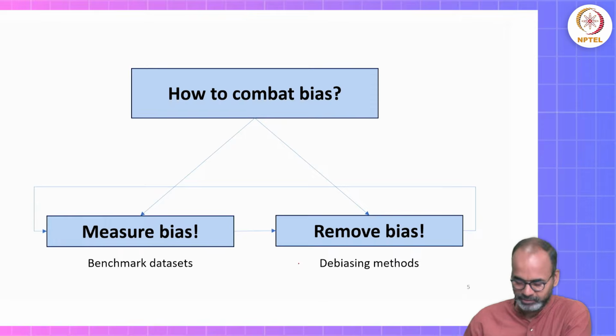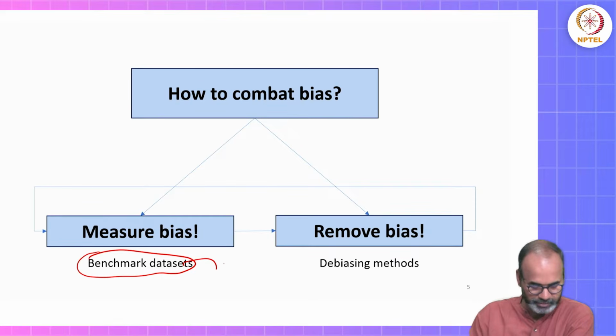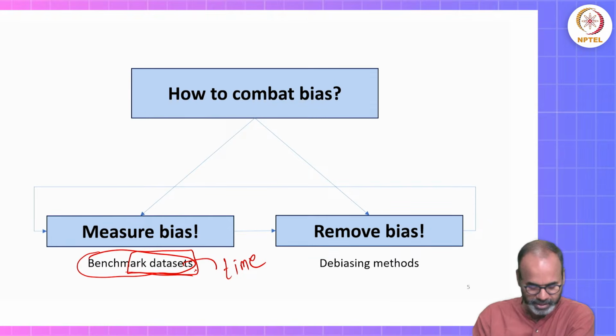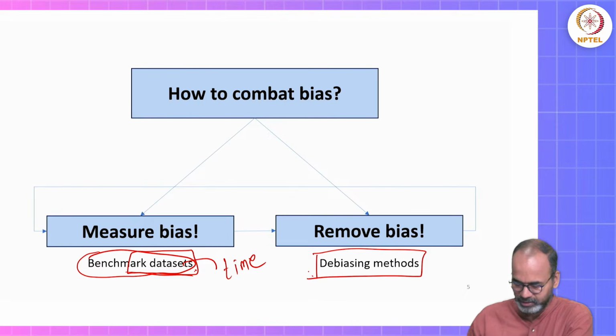There have been studies that have created benchmark data sets to study bias. This is something we'll spend some time on in this section. And in terms of methods, there are many debiasing methods that have also been generated, which we'll also spend some time on in this part.